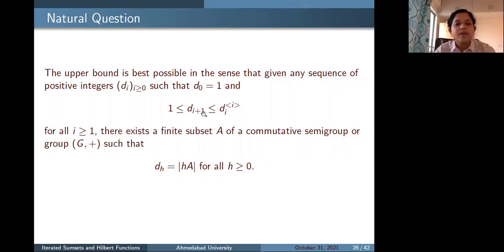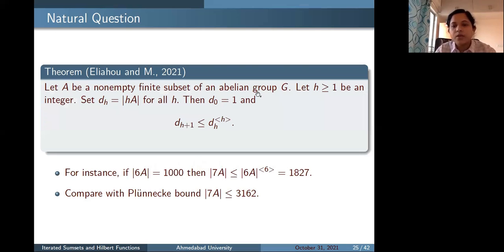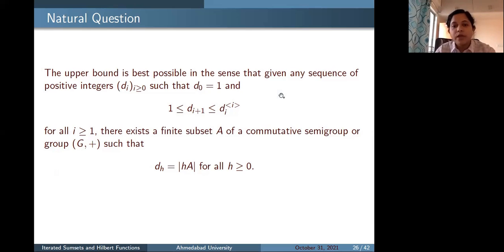I just want to know whether there is a commutative group, because here we are dealing with an abelian group, so definitely I will be looking for a commutative group so that this will happen or not.